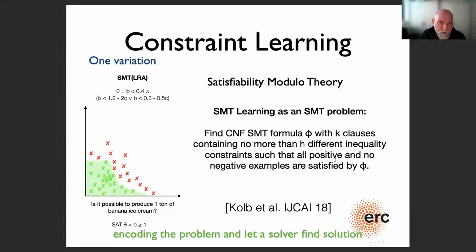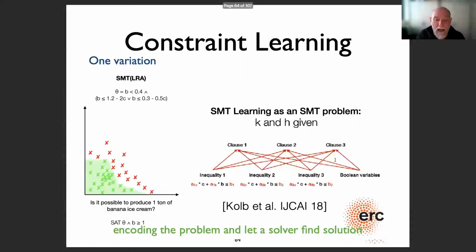And one version of constraint learning is that you can not only use a solver to compute possible solutions to these constraint satisfaction problems, because that's the general way in which these solvers are used within AI, but you can also encode your problem as a constraint satisfaction problem.